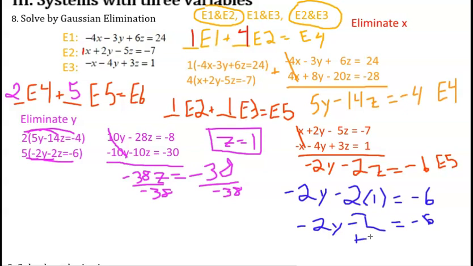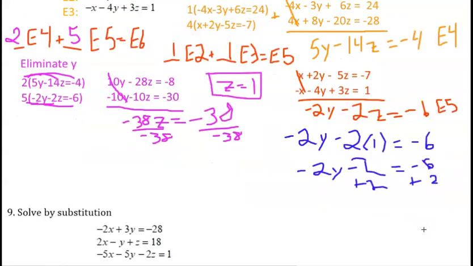Add 2 to each expression, both sides of the equation. And then you get negative 2y equals negative 4. Divide each term by negative 2. You get y equals 2.